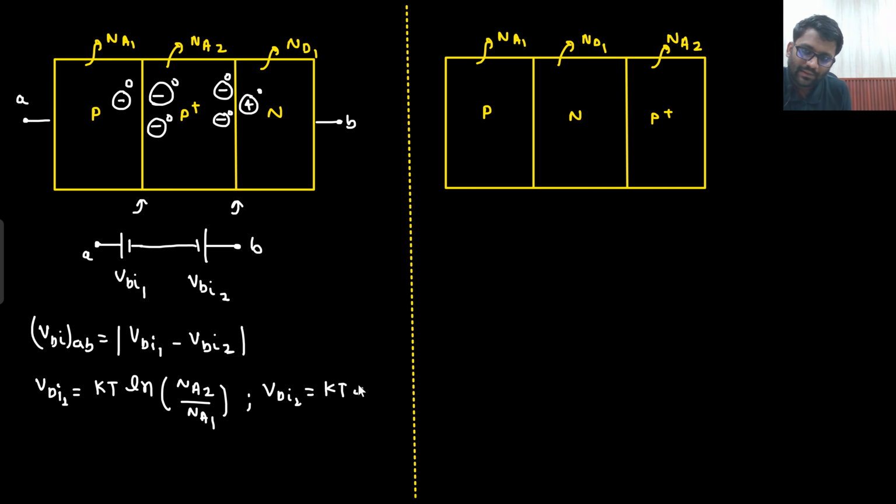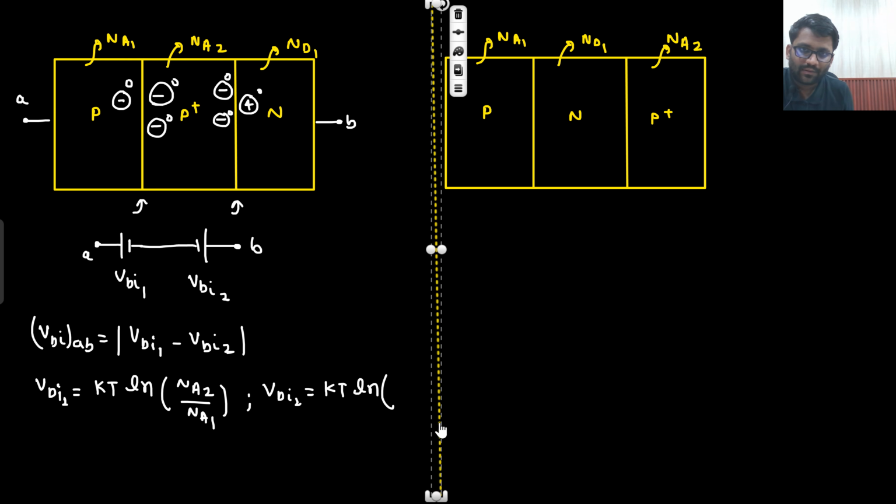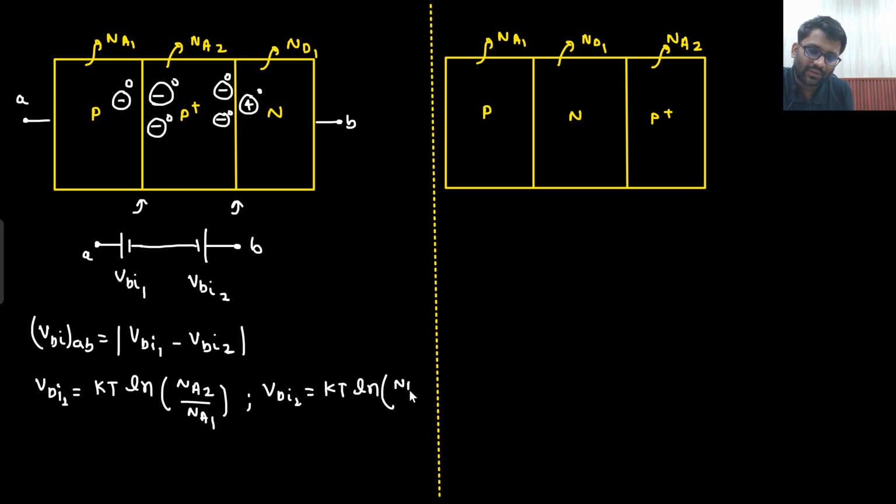Sir, KT ln Nd1 Na2 divided by Ni square. So this particular battery can be replaced by this, right? This battery can be replaced by this. This will also be a positive value. So this kind of polarity you are getting.